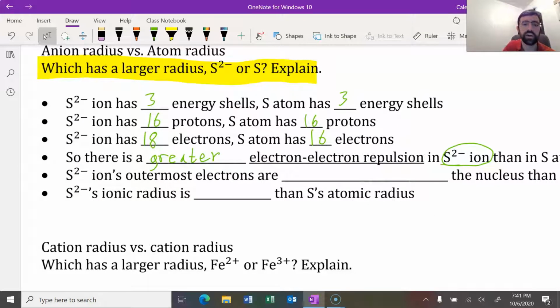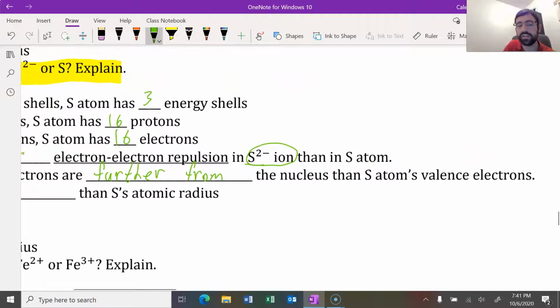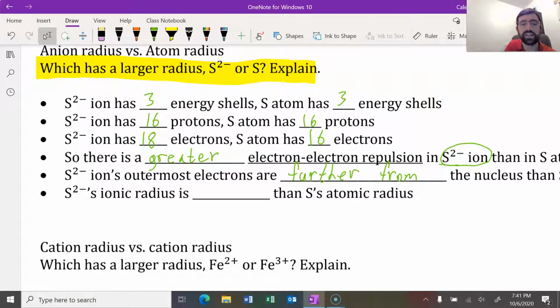So the sulfide ion's outermost electrons are further from the nucleus than the sulfur atom's valence electrons. So sulfide's ionic radius is larger than sulfur's. That electron-electron repulsion forces the electrons to spread out. So the ion gets bigger because it's a negative ion.